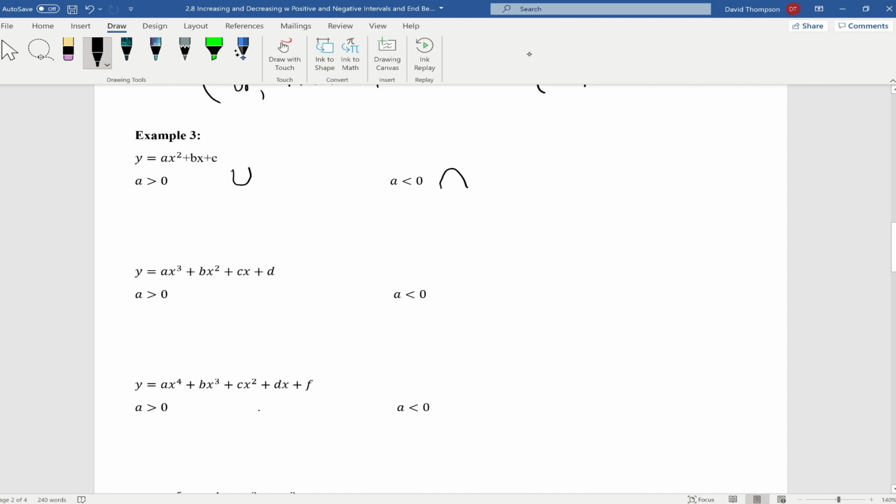So in notation we say if a is greater than 0, as x approaches negative infinity, f of x approaches positive infinity. As x approaches positive infinity, f of x approaches positive infinity. And this little arrow just means approaches.